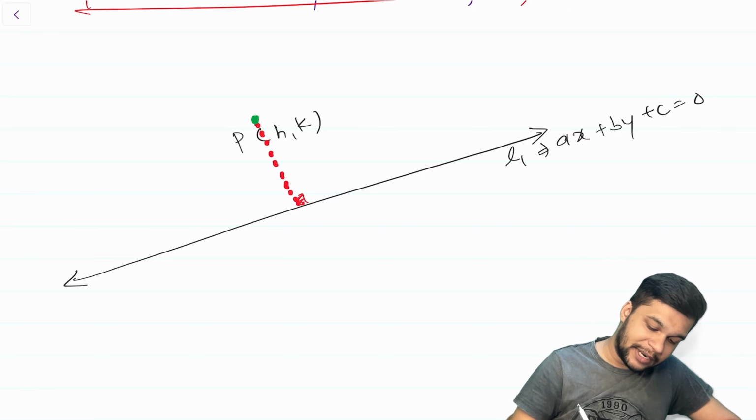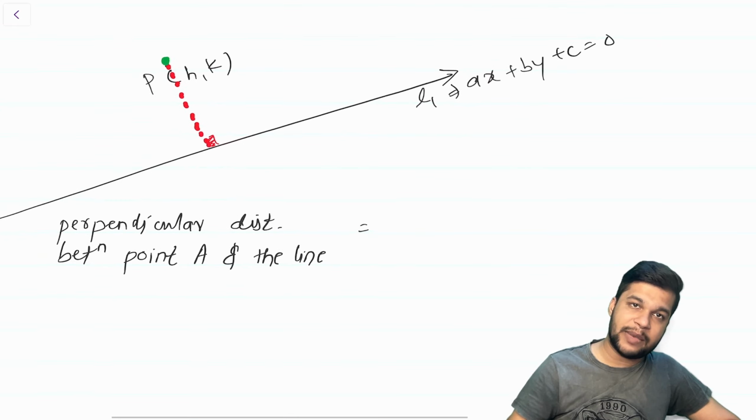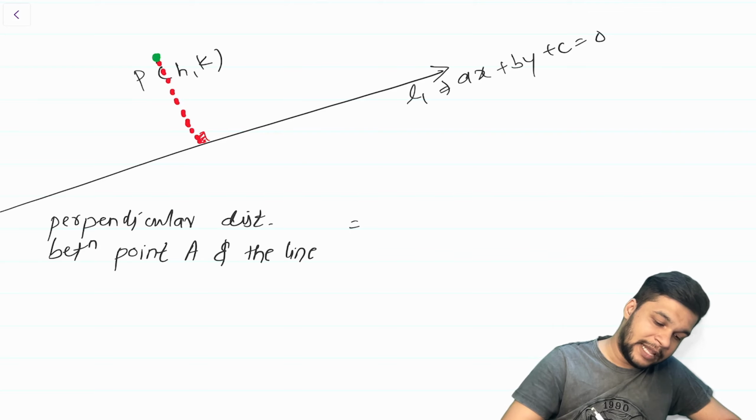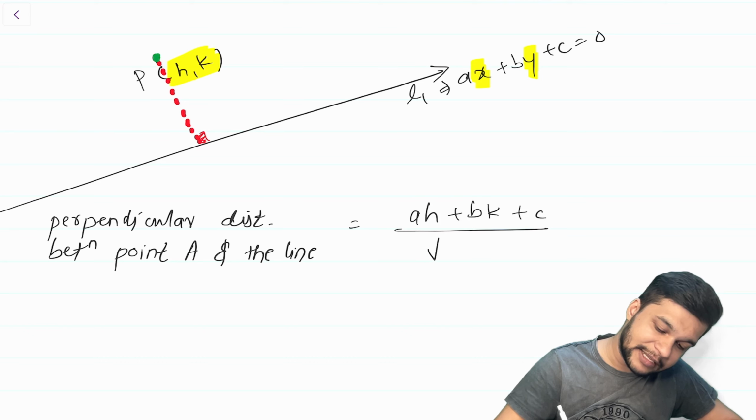The perpendicular distance between the point and the line can be given by a formula. Let's substitute h comma k over here. So the formula is ah plus bk plus c divided by square root of a square plus b square.